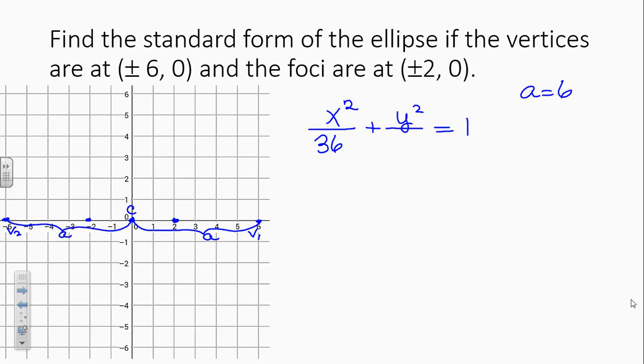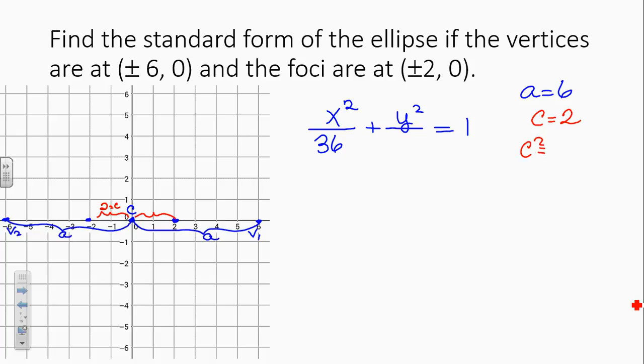And so we also know, because we know how far away the foci are from the center, what number do we know there? 2 is equal to C. Yep. So our C is 2. And what is our equation that helps us find our other minor? Absolutely.